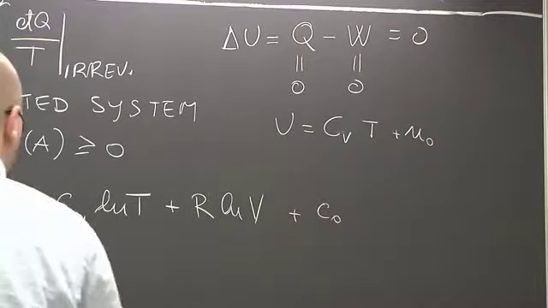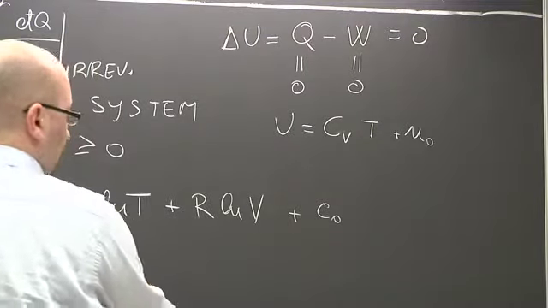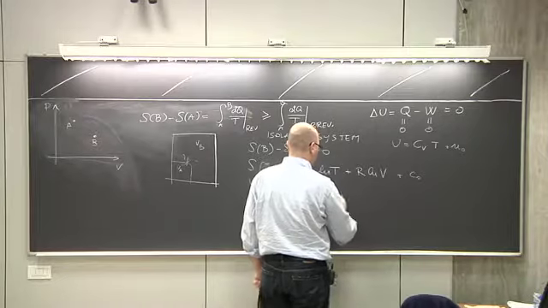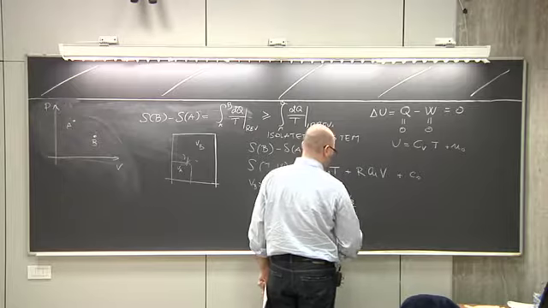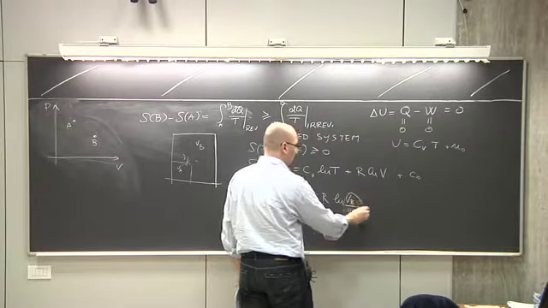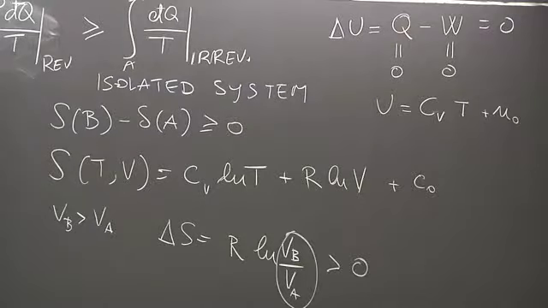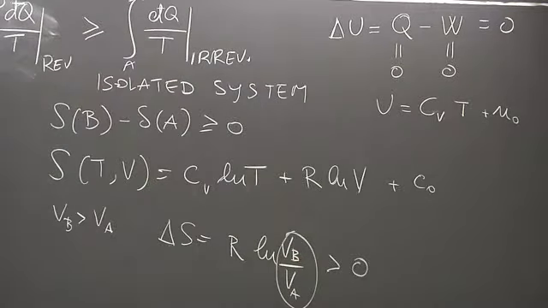So delta S is CV log of T divided by T, which is 1, log of 1 is 0, plus R log of VB divided by VA. But since this is larger than 1, then this is larger than 0. So delta S is larger than 0. Okay?